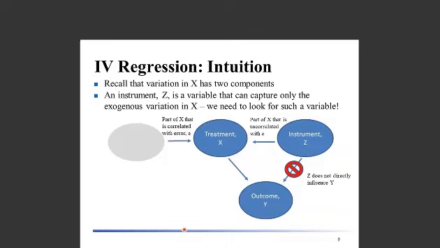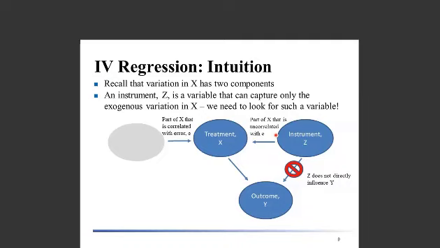Showing it to you in a diagram here. Recall that we talked about X as having two components. There's a part of X that's correlated with the error term that's problematic, and there's a part that's uncorrelated with the error term. So an instrumental variable is a variable that can capture only this exogenous variation in X and get us the part of X that's uncorrelated with the error term.